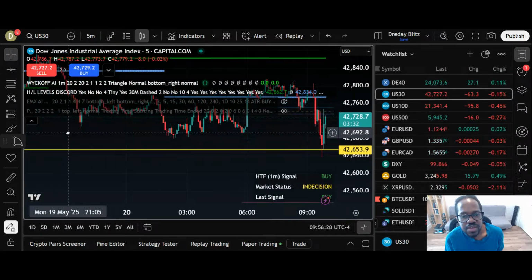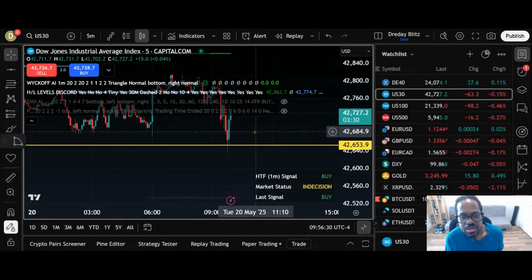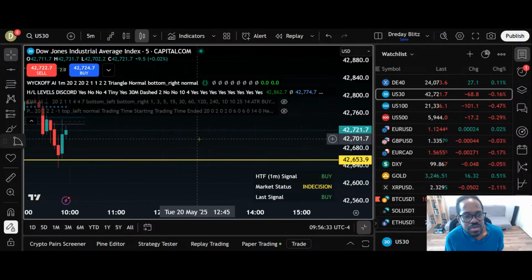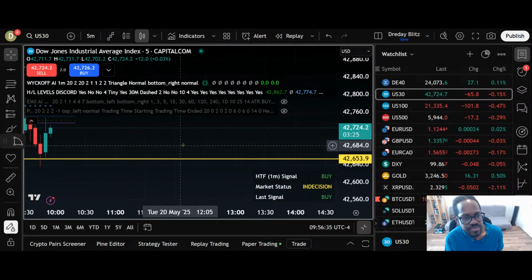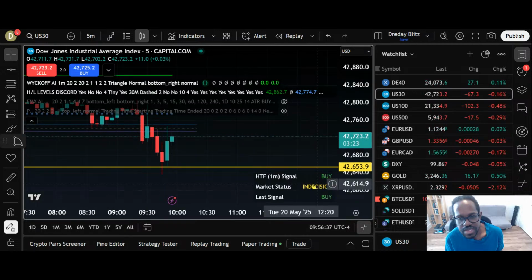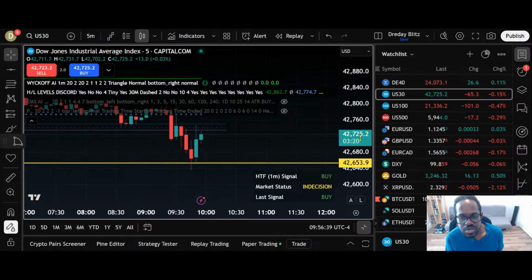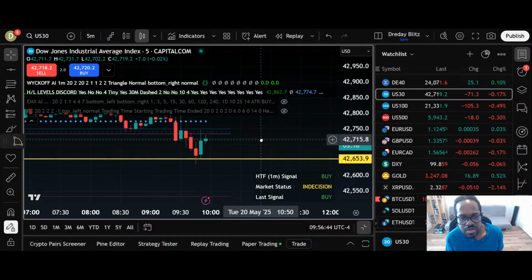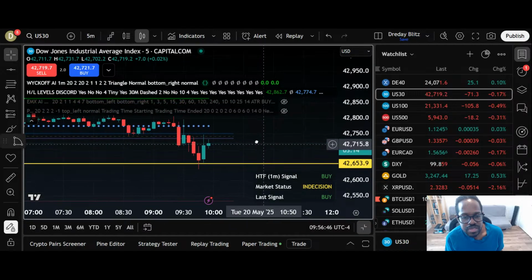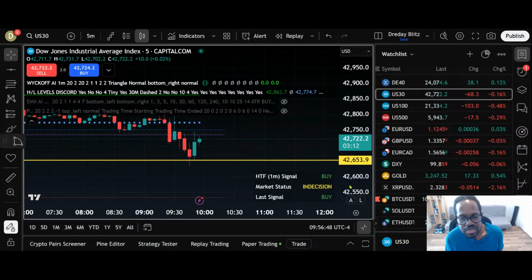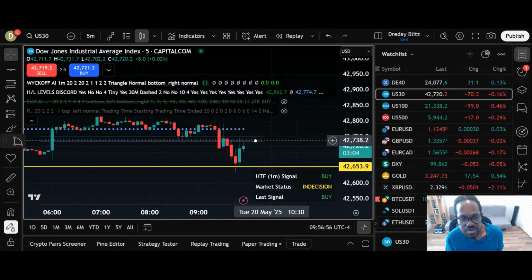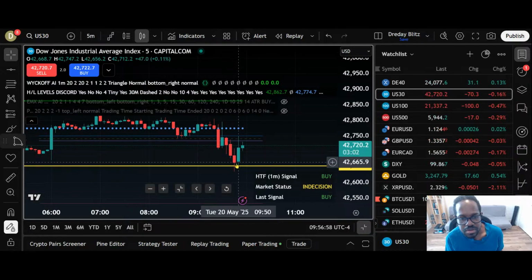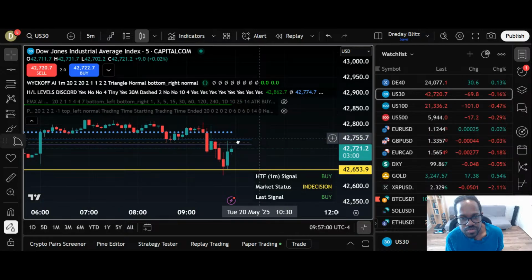So it went to that level, tapped it and started to reverse. So that was a trap. That's why you see here it says indecision. That's why we don't take trades. As long as I don't see my market status in one direction or the other, if it's basically indecision, it's basically consolidation. So we don't know exactly what's going on. So it's bouncing off of different levels. That's exactly what happened. It tapped it here and started to reverse.